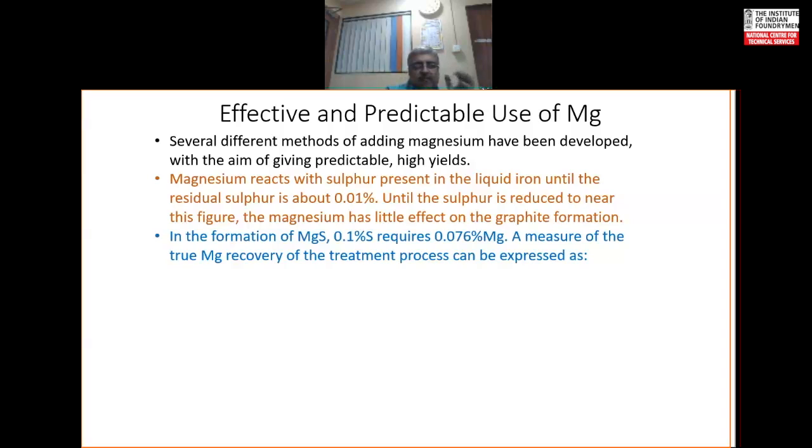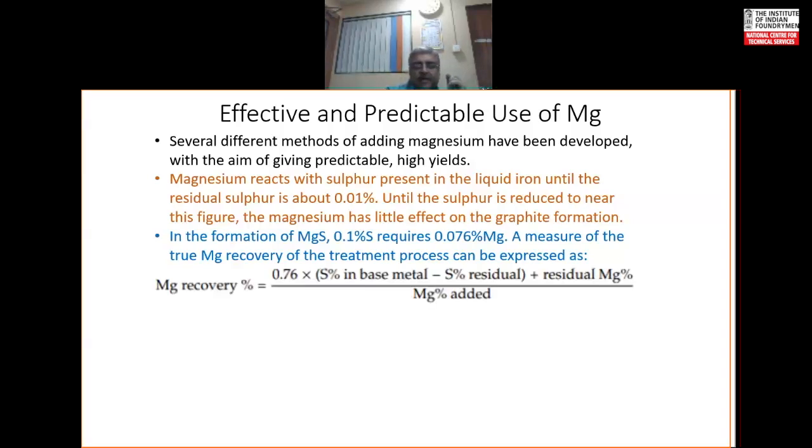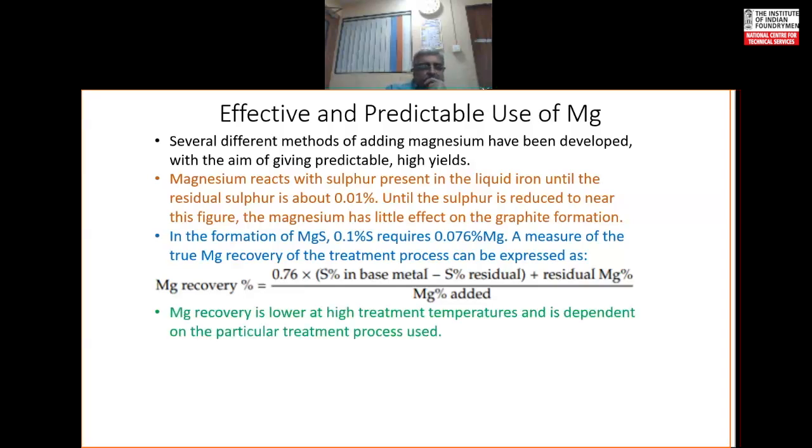People define magnesium recovery percentage as equal to 0.76 times the sulfur percentage in base metal minus the residual sulfur percentage that you get from analysis, divided by the magnesium percentage added. Magnesium recovery is lower at high treatment temperatures and depends on the particular treatment process being used.